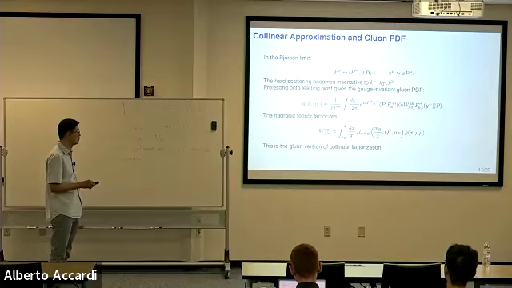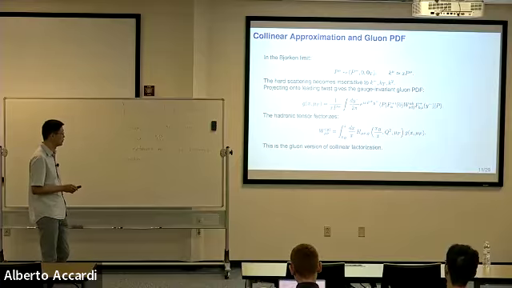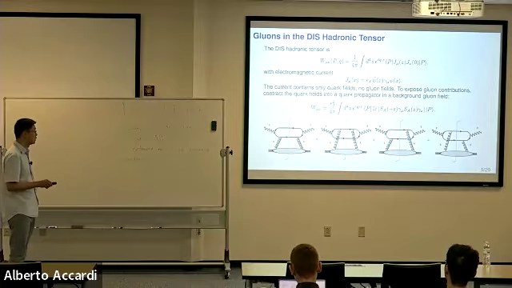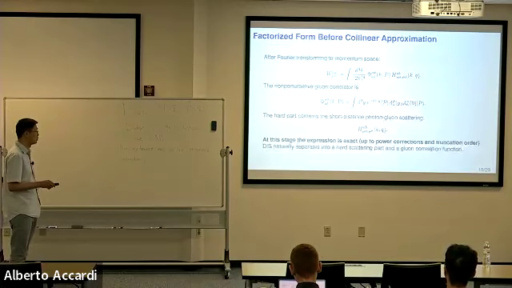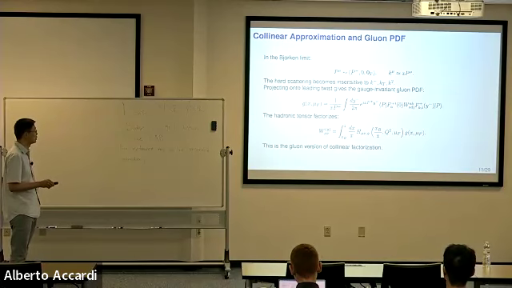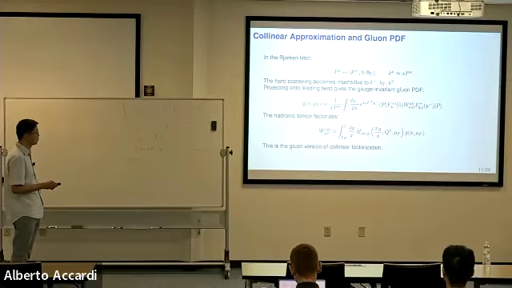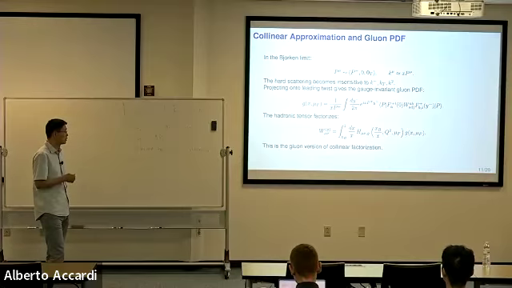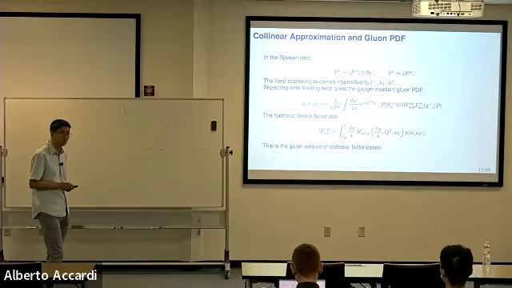You still need some procedures to eventually get this expression, but the general idea is that these diagrams give you the convolution of these hard factors with a gluon PDF, and that will be the contribution of the gluons to the hadronic tensor. That's how you do this in the collinear approximation, like the case for the quarks. Okay.